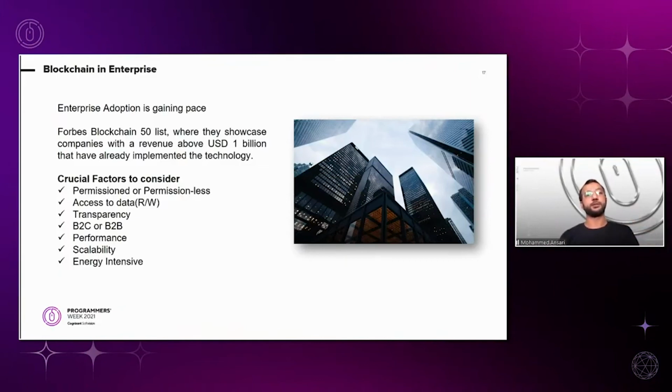This list belongs to the 2019 survey, and if I remember correctly, most of these 40 or 50 organizations were more than 1 billion market cap organizations. So they basically have some kind of blockchain use cases running for them. They have some kind of blockchain applications being developed.